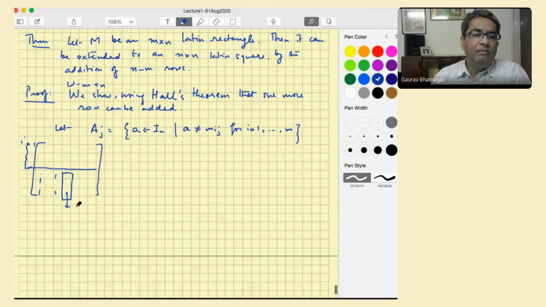So this A_j is all the numbers not in the column so far.